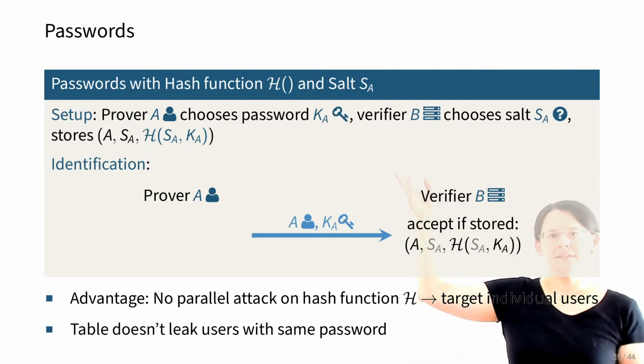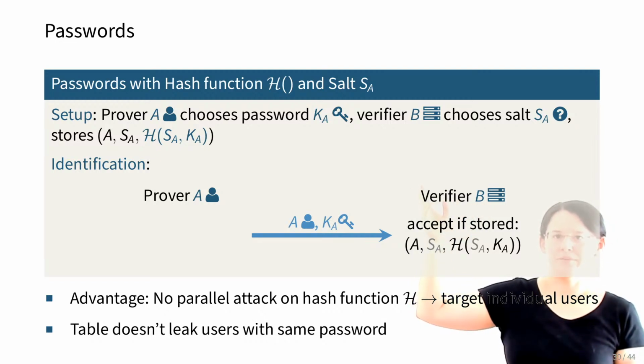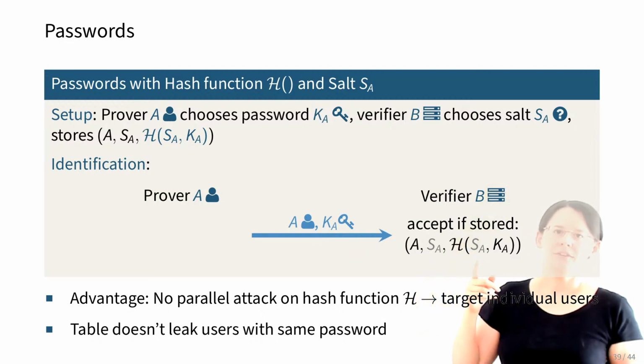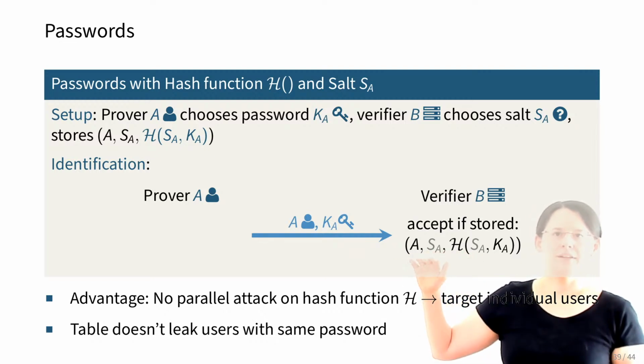There is something else that is not on this slide that people also mention in the chat, and that is the so-called pepper. So what's the difference between salt and pepper? The pepper is also an additional value that goes into the hash function. However, whereas the salt is different for each user but publicly stored in the database, the pepper is something like an extra key.